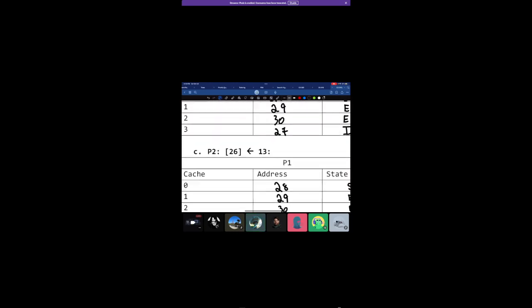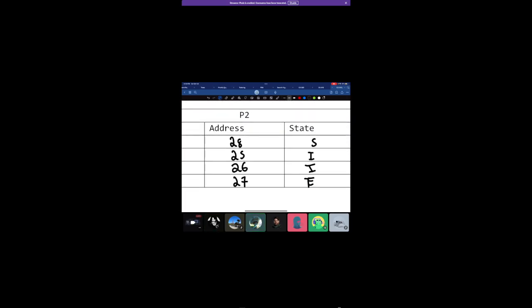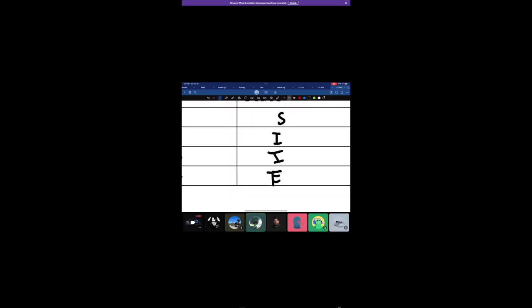So if we do a store to 26 on processor 2, we get a write miss. And it's a do not allocate on write miss policy with write through. If we have do not allocate, that means we're just going to be updating the main memory and not the cache. So 26 here is not touched, and it stays invalid.